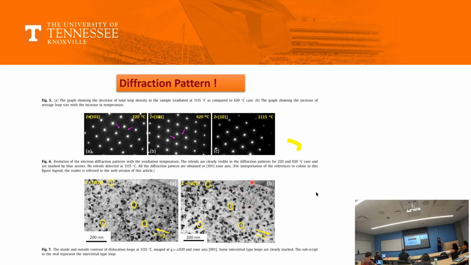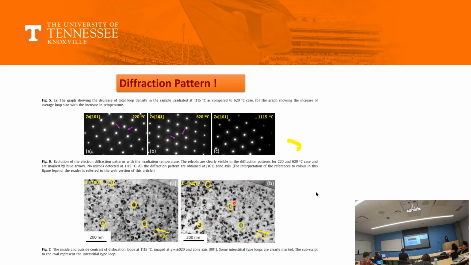And these diffraction patterns are coming from a wider zone. This entire diffraction pattern is coming from an area of at least 500 nanometers by 500 nanometers. This is a de-zoomed image.